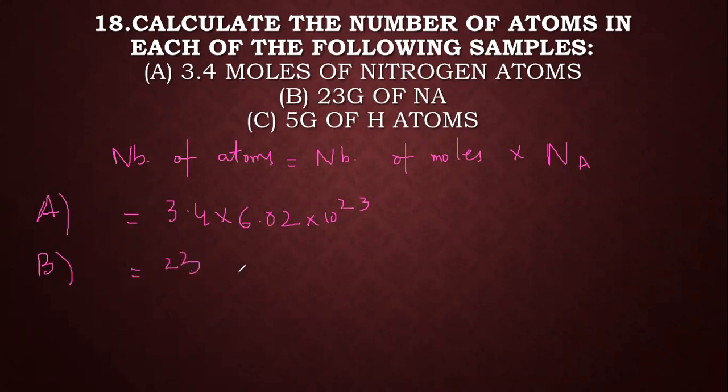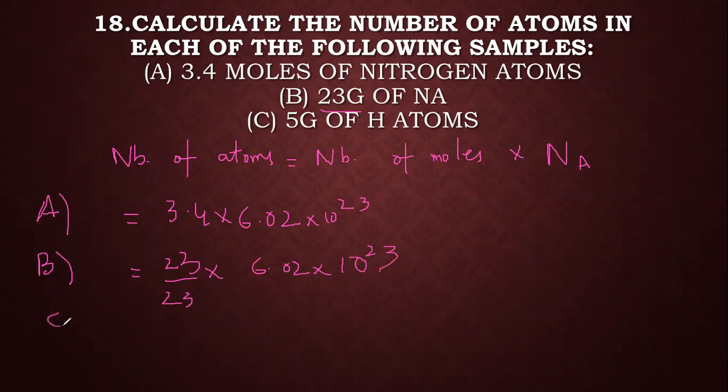Now in the second question, we have the amount as 23 gram, not moles. So what is the number of moles? The number of moles is the mass in gram, 23, divided by molar mass. The molar mass of sodium is 23. So 23 divided by 23, multiplied by 6.02 into 10 raised to the power 23.